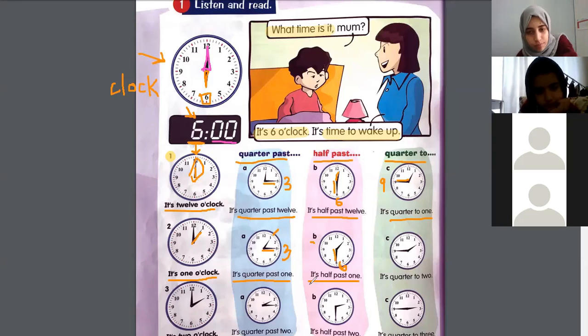So instead of saying in Arabic واحدة ونص, we say half. Half means نص. Past also means مر. So half past 1. And we're saying 1 because the hour is still 1. Thank you, Lamar.